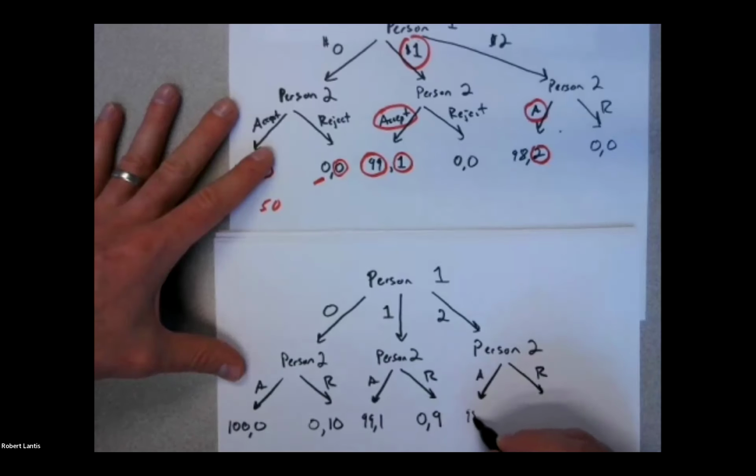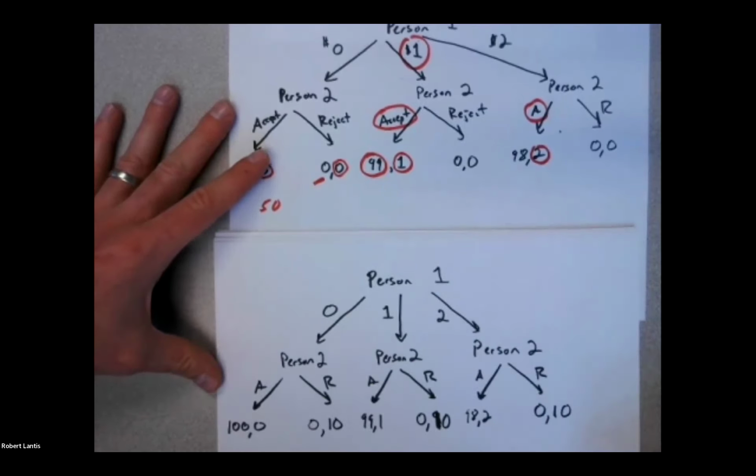And same kind of idea here. If I accept, I get to keep 2, they keep 98. If I reject, they keep nothing. And I don't get to keep the $2, or sorry, I shouldn't do this here. This was supposed to be 10 because we don't get to keep the $1 here, right? But I'm getting this value of spite, right?